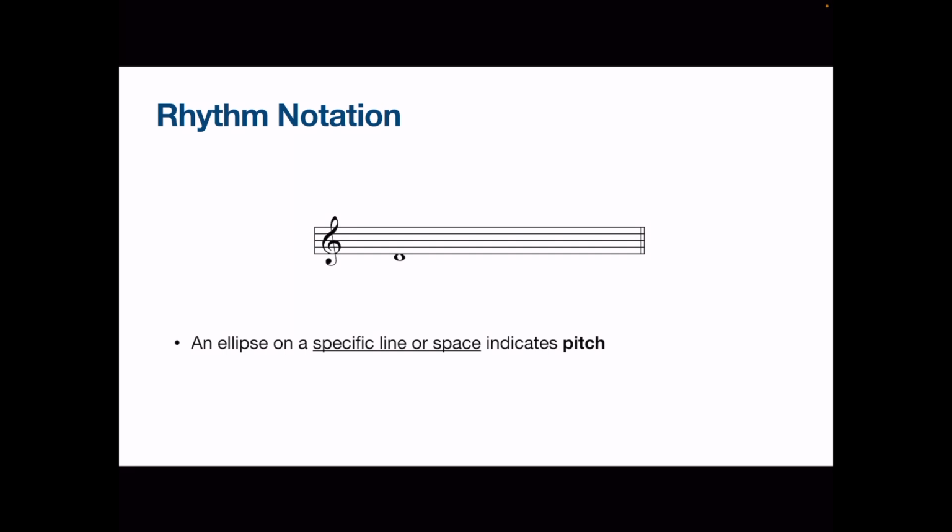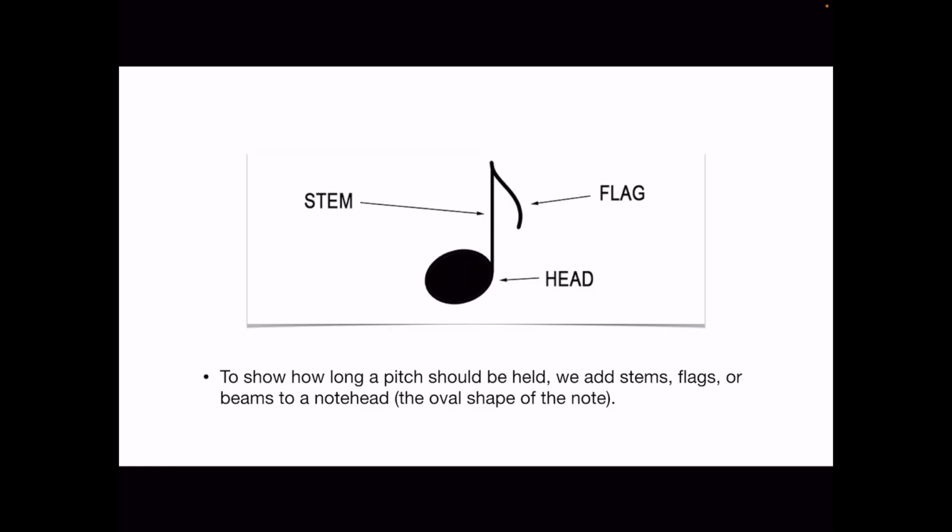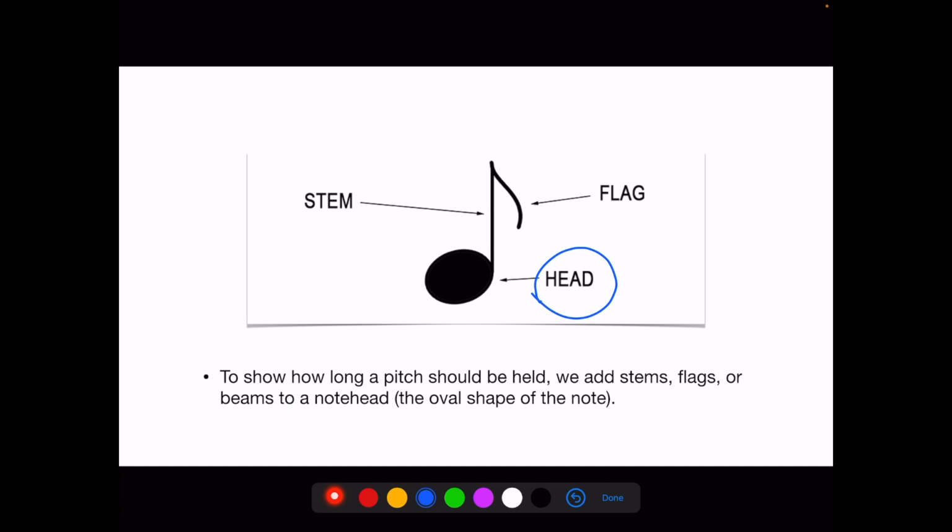So first, we should learn about the anatomy of a note. So we have what's called a note head here. And then this vertical line that comes out of the note, this is called a stem. And then anything that you attach to it at the tip, that's called a flag.